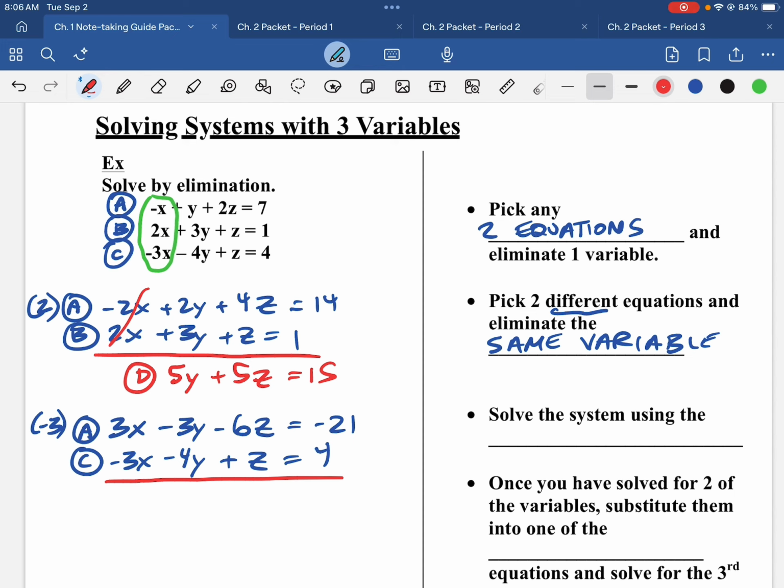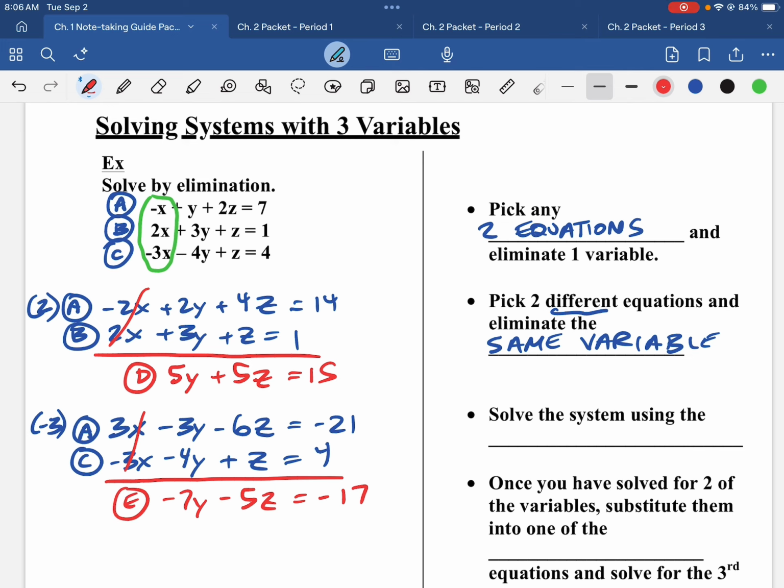I'm now adding those equations, and I'll get -7y minus 5z equals -17. Okay, so let's call this equation E.